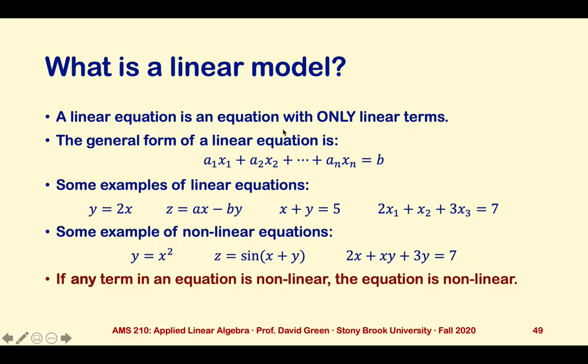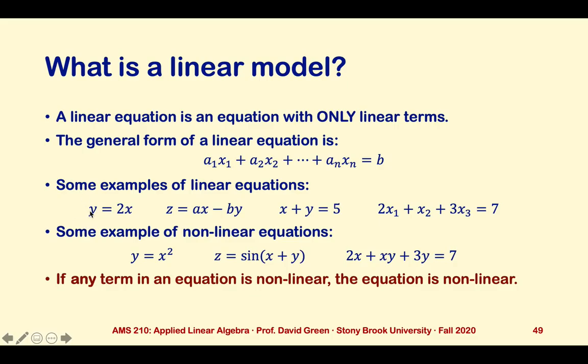The general form of a linear equation is some constant times some variable plus some constant times some variable plus any number of constant times variable plus constant times variable and so on, equals perhaps some constant.